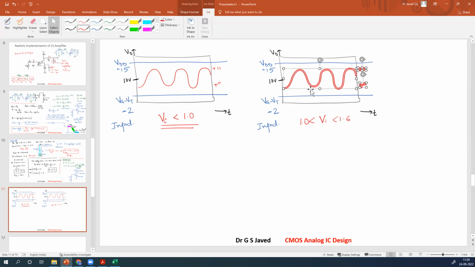This waveform will slowly stop going upwards, right? And will start clipping. So start clipping like this, and this 10 volt mark would have moved here. So this will be your new waveform. So start clipping here.